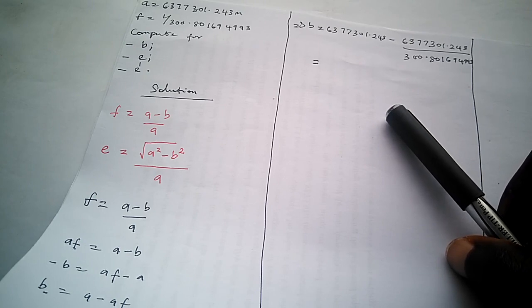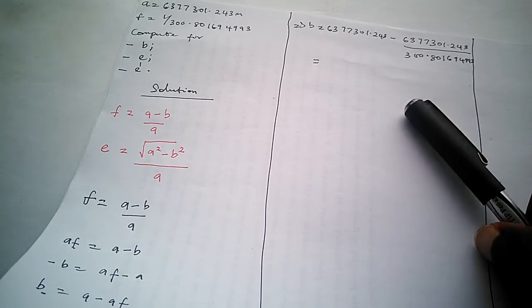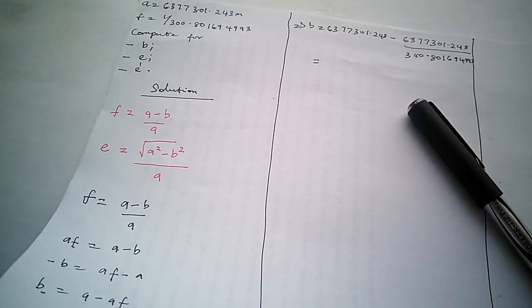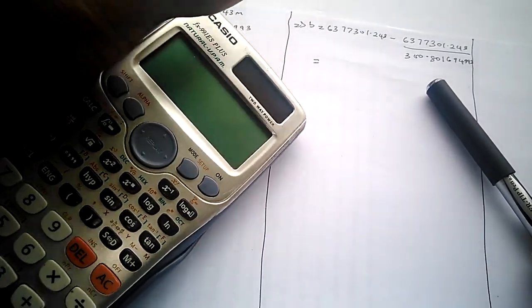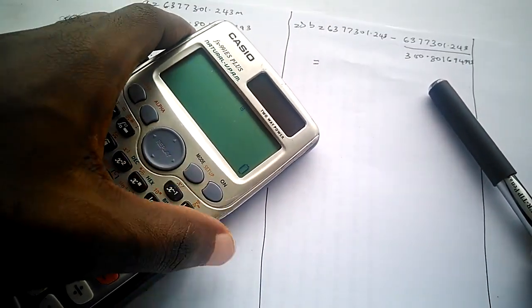So by the time you want to press anything on your calculator, or maybe when you go advanced and start doing some things on geodesy, you ensure that the result your calculator gives you is what you put on your answer sheet, or what you use to continue your calculation. So now, having said that, let's go to our calculator.